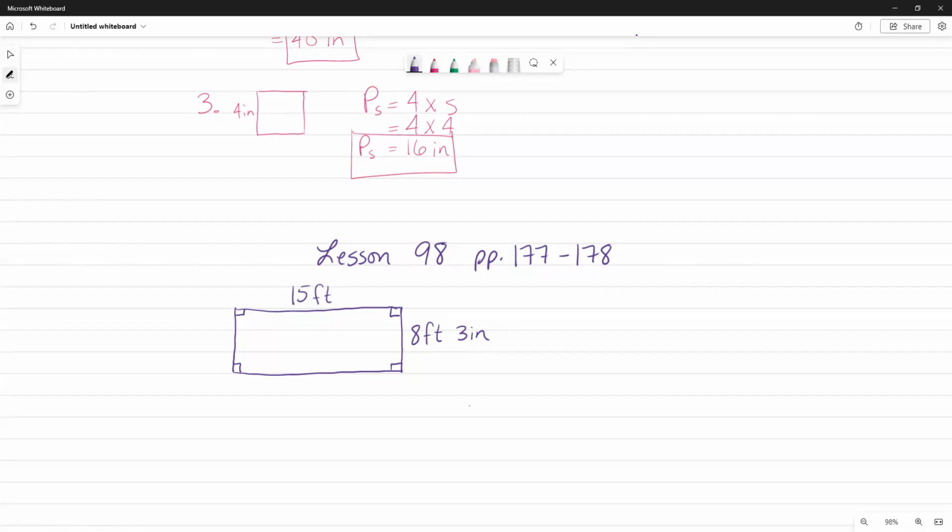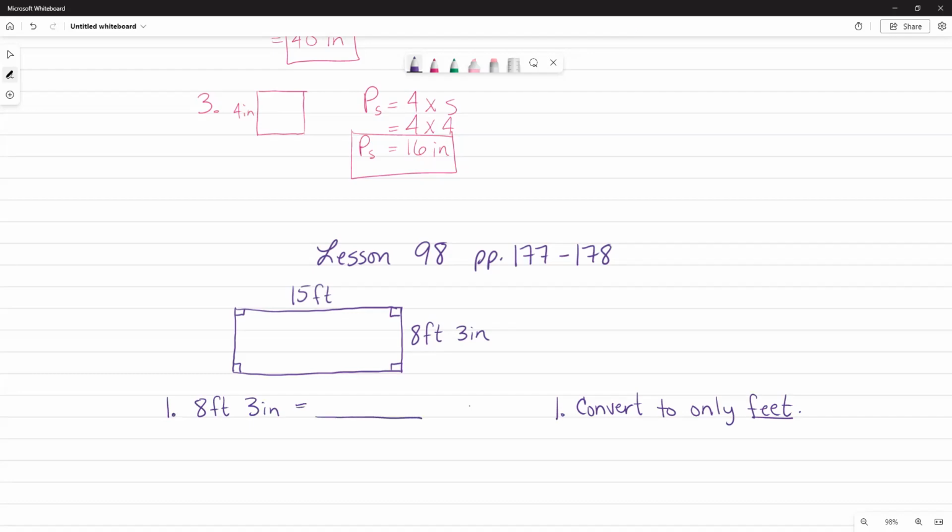The first thing that we need to do, step one, is convert that length to only feet. So for step one, we have 8 feet 3 inches, and you can draw this.